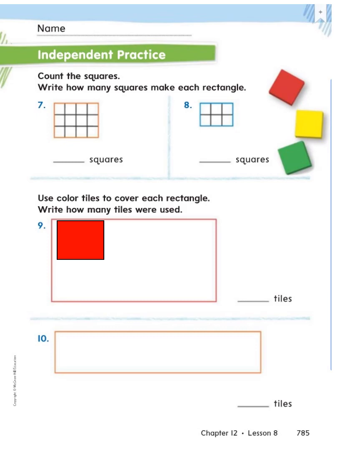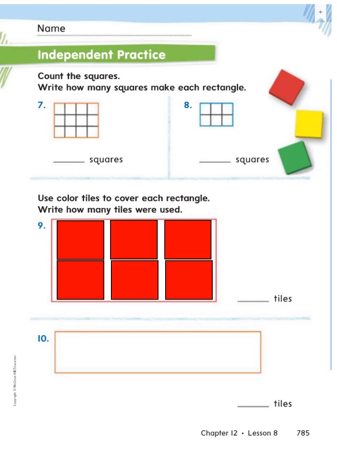Okay. Now, watch this. Now how many do you think there are? Let's find out if you are correct. So, 6 tiles were used for this rectangle. And I know my shapes aren't perfect here, so we just have to imagine that they are. So the answer to number 9 would be 6.